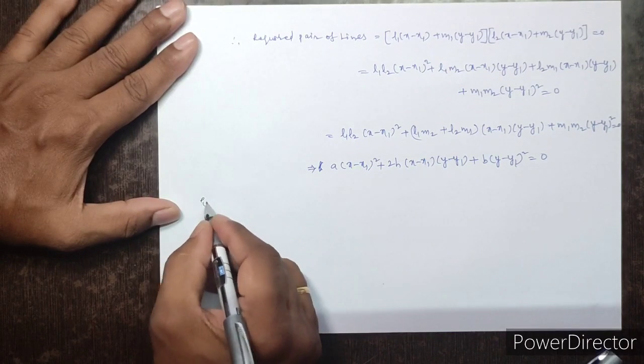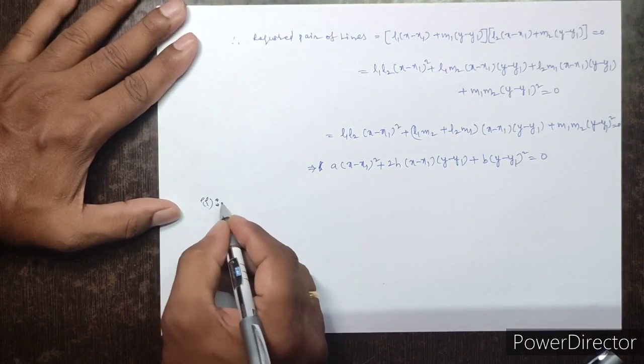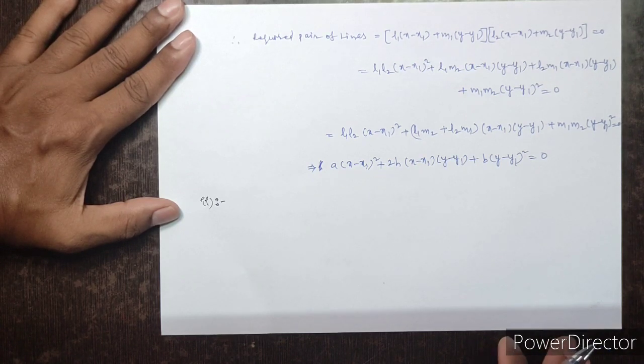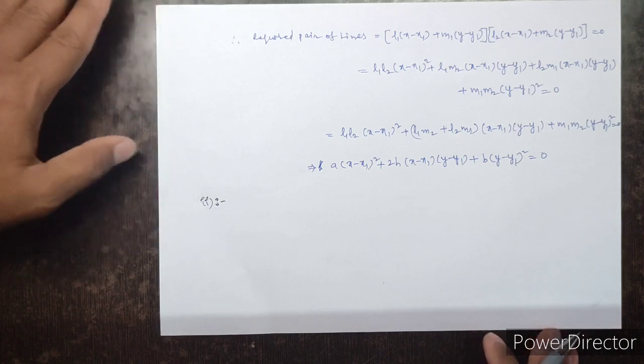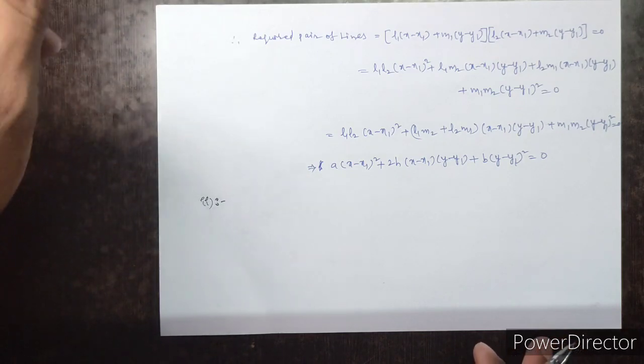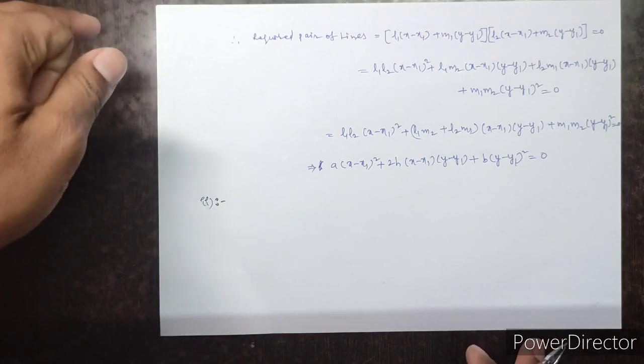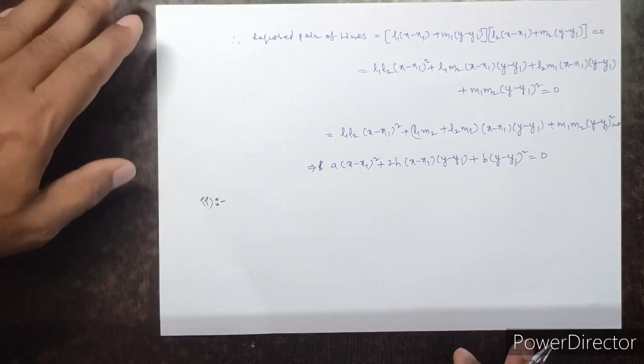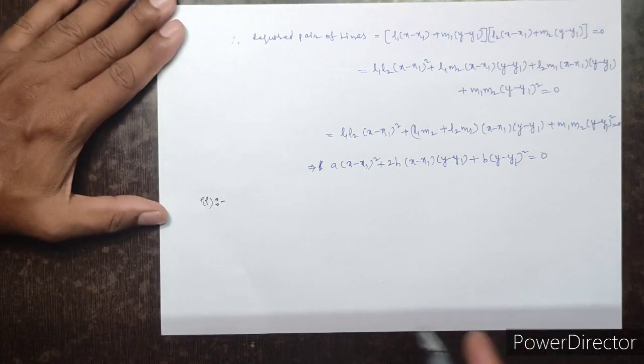Second one is nothing but the equation of the line perpendicular to the pair of lines represented by ax square plus 2hxy plus by square equal to 0 and passing through the point x1 comma y1.